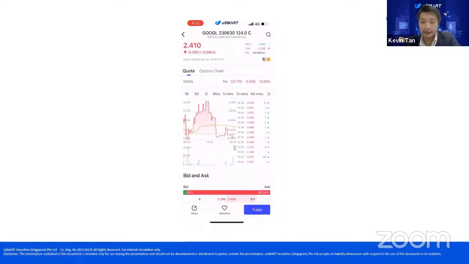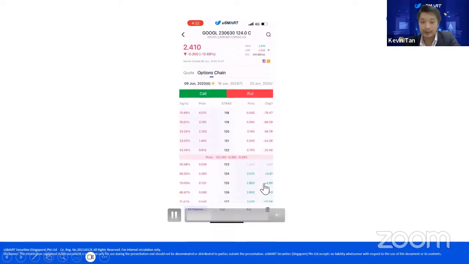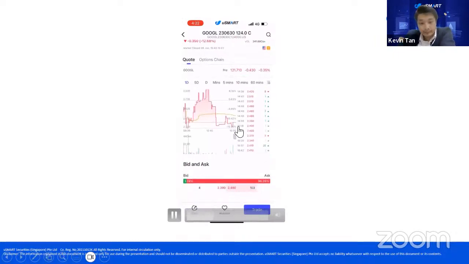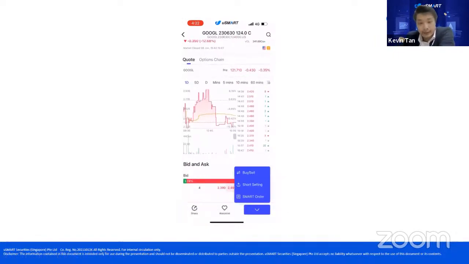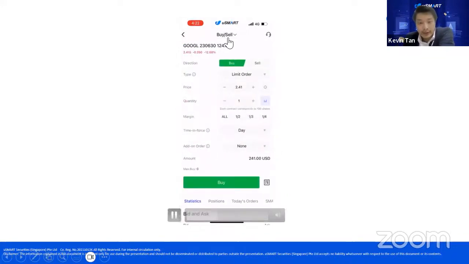And so if you want to trade on this option, you can click on the trade button. So it will bring you right here. You can click on the buy or sell. So it will actually bring you to this landing page here where you can put a buy order or sell order.